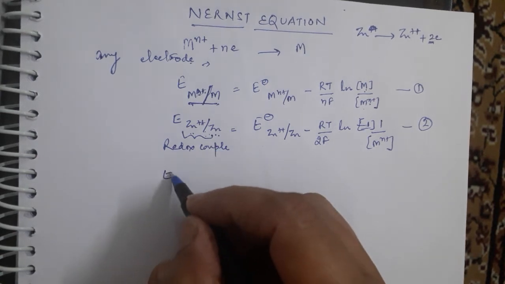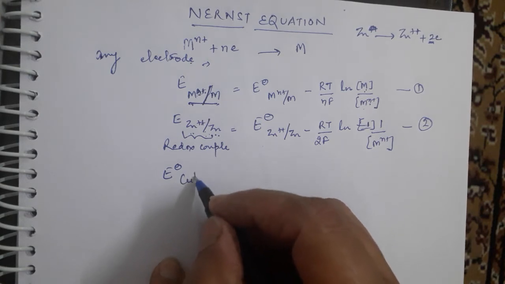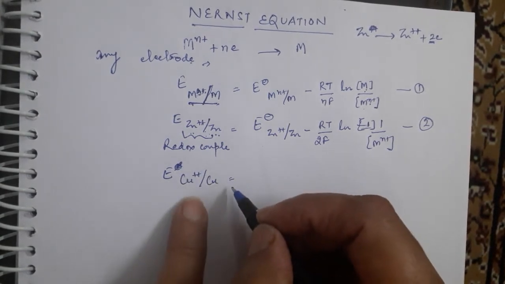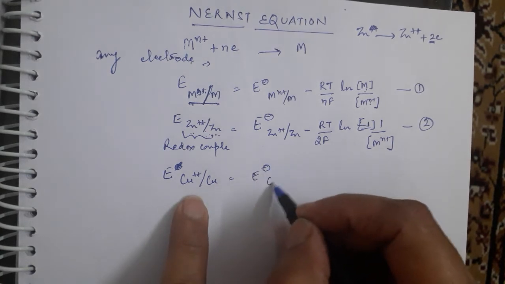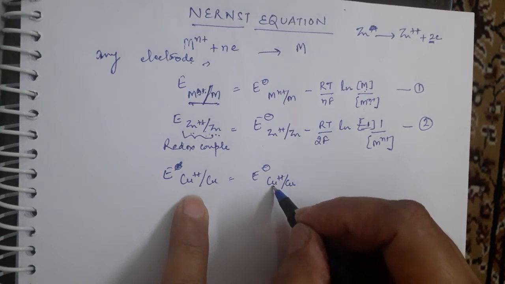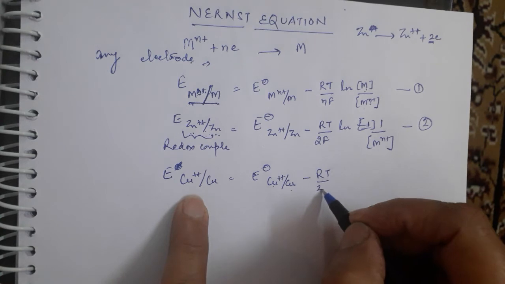In the same way, the other electrode was the copper electrode, the copper cathode. We can write E cathode, that is E copper, equals E naught copper, with the redox couple written in the same way, oxidized species in contact with the reduced species, minus RT upon 2F.